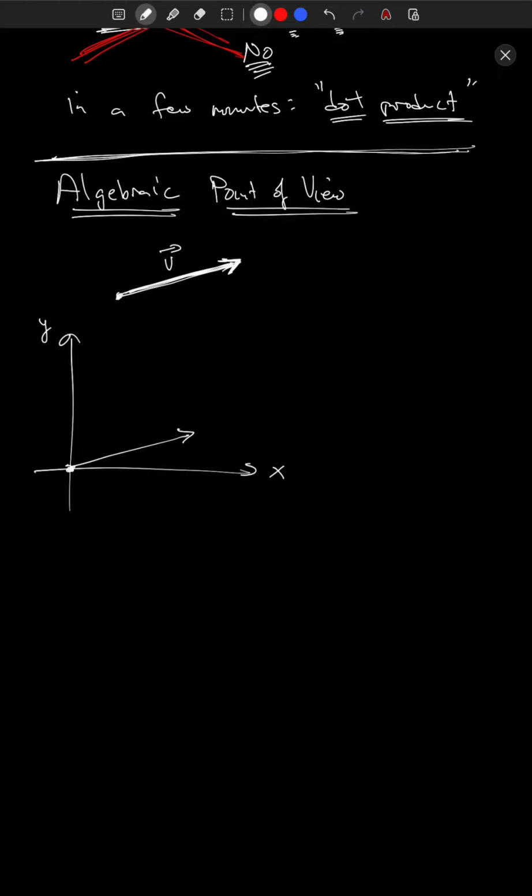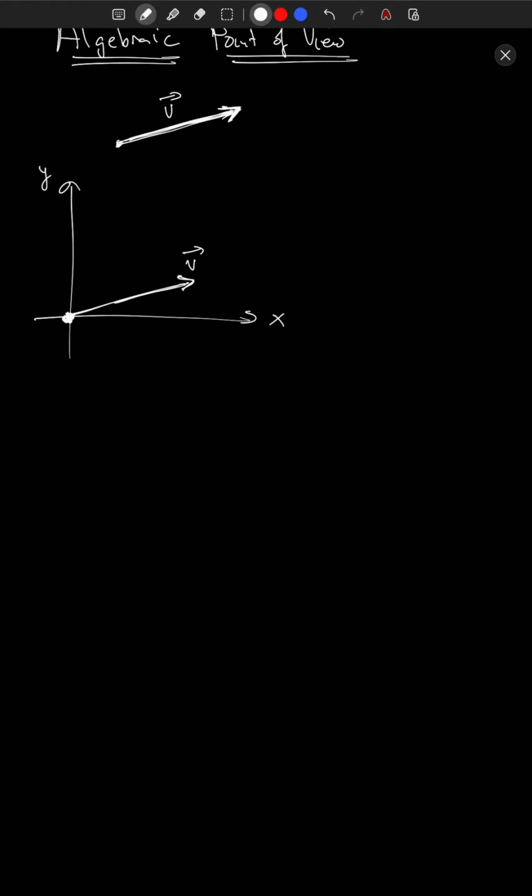I want it to be the same vector, same length, same direction, except I've just shifted it so that its tail is at the origin. This is what we call standard position.